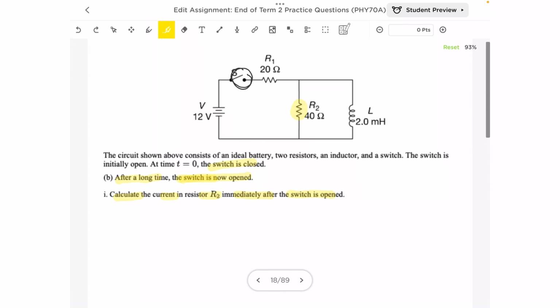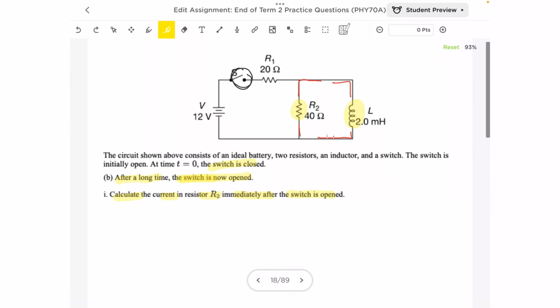As a matter of fact, current would be flowing in this path here due to the presence of the inductor. So the inductor with its back EMF will cause the current to flow through resistor 2.